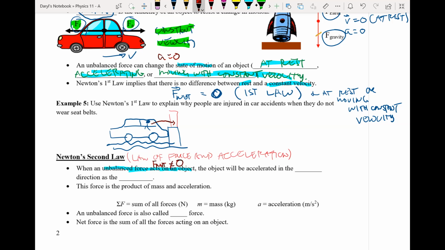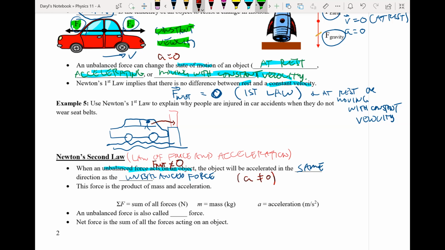The object will be accelerated in the same direction as the unbalanced force. So if the net force is not equal to 0, you have acceleration; another way of looking at this is that acceleration is not equal to 0. This force is the product of mass and acceleration.